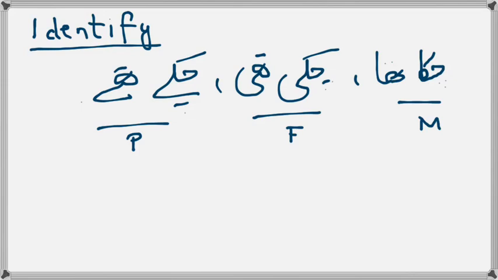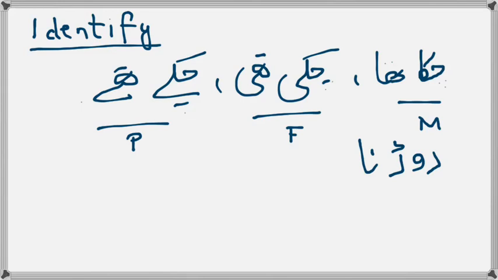And we also use past perfect tense in such a way that, let's suppose, we have got a verb dauda, dorna, which means to run.